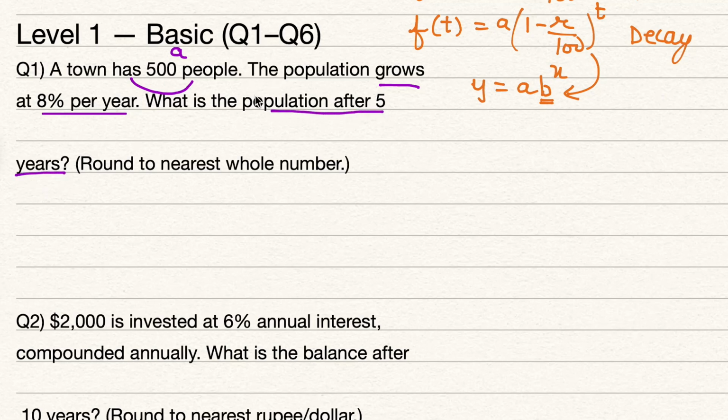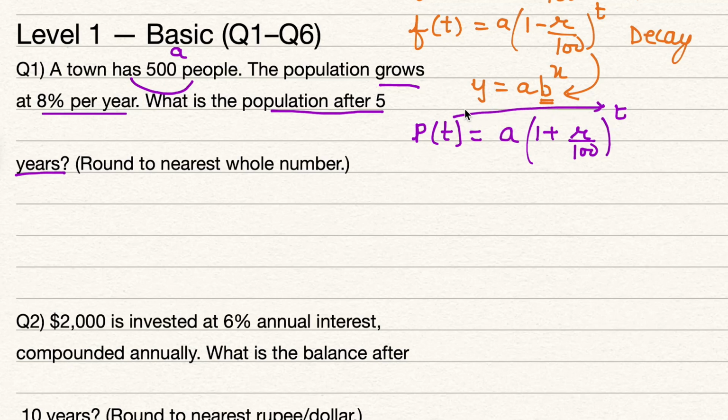Because it's the growth condition and the rate is given, we are going to use population after time t is equal to A, which is the initial population, (1 + r/100)^t. So t is the input here. So this and this will be the same because this is about input. Now the question is population after 5 years.